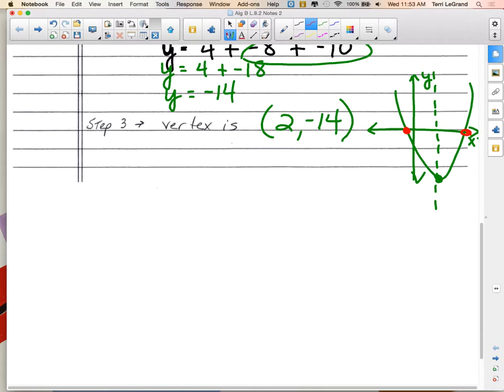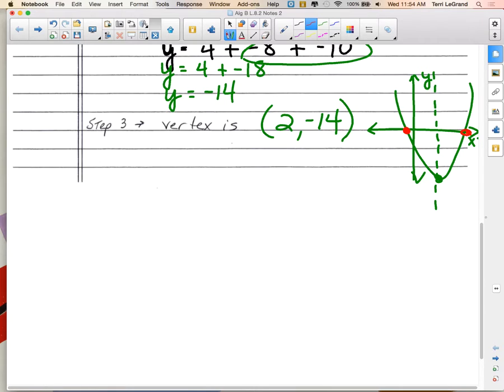Michaela? Well, it's going to be a parabola, so it can't be linear. Remember, linear makes a line. Aurora? If both the x and y were positive? No, not quite. Julia? You would have to open down.